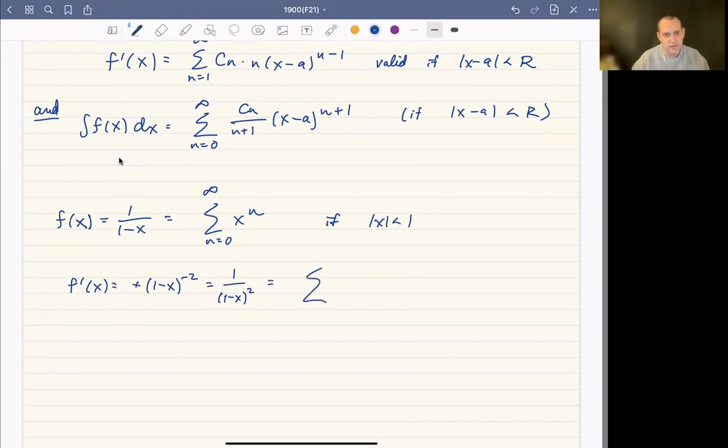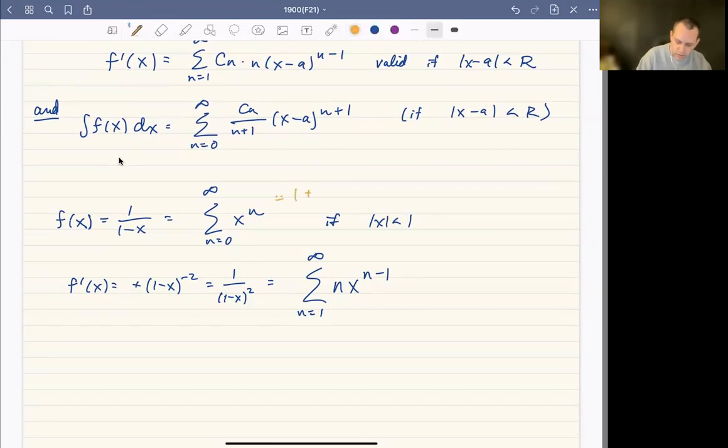But also we differentiate the power series. And so here our series is going to become x to the n differentiates to n x to the n minus 1. Okay, and so this, if you want to think about it, let me write it a little better. This is x to the 0.